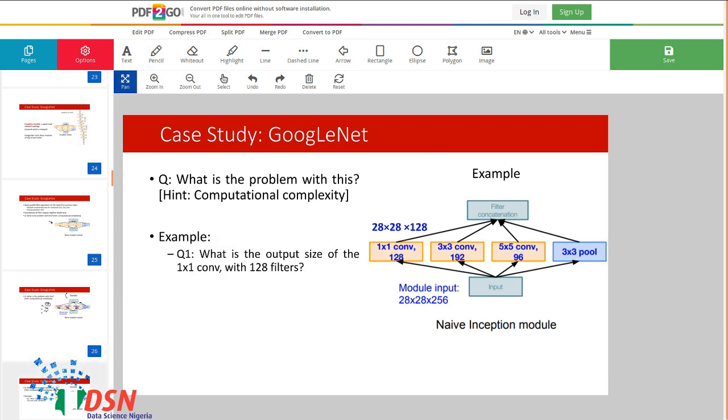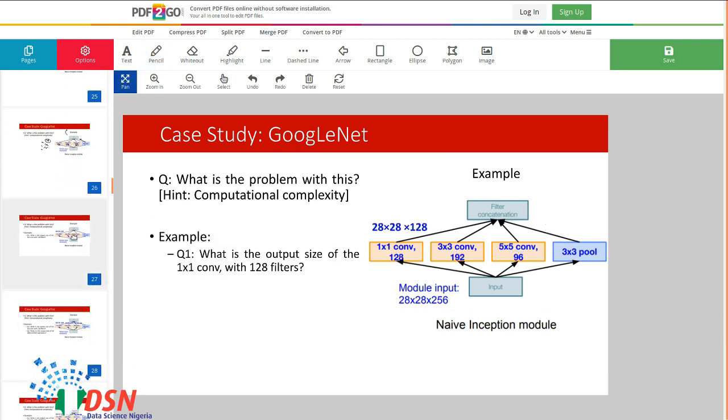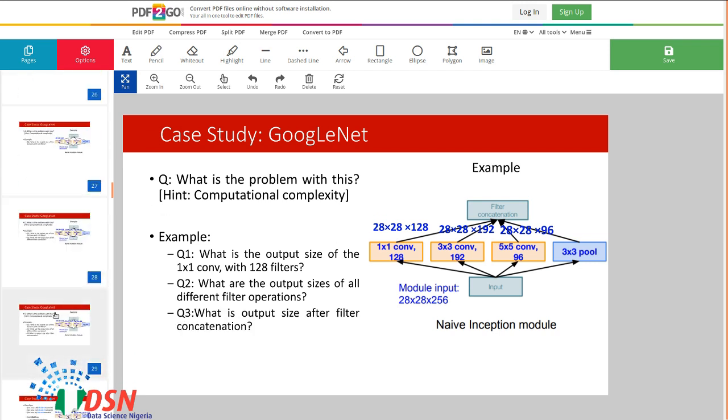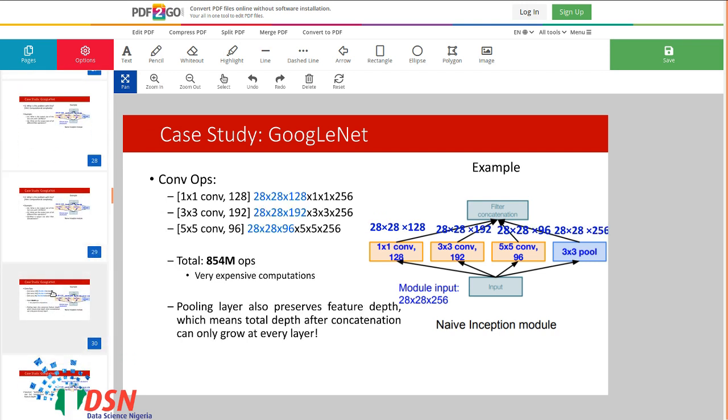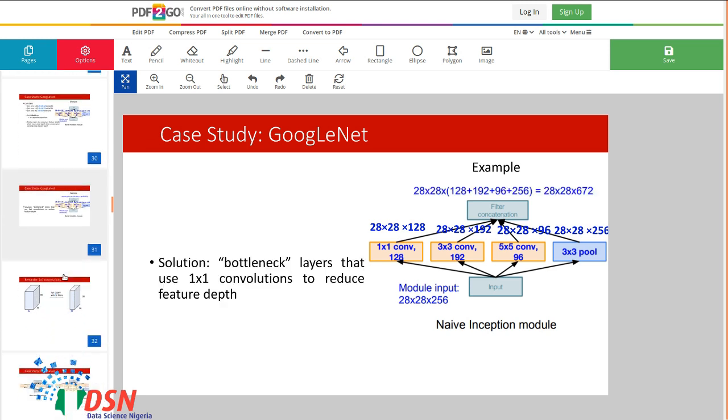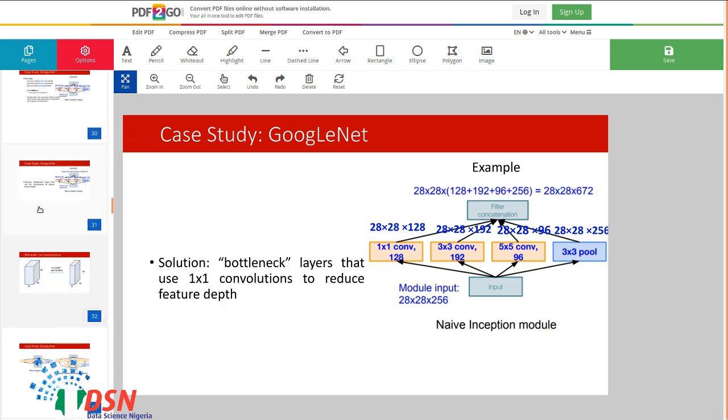So to solve this problem, you could see that we have 672 channels when we concatenate all of the channels.